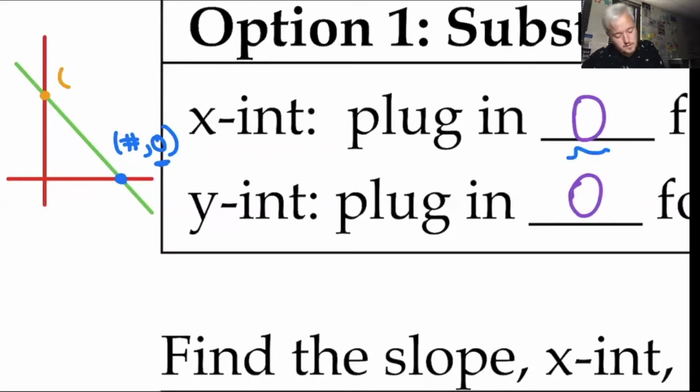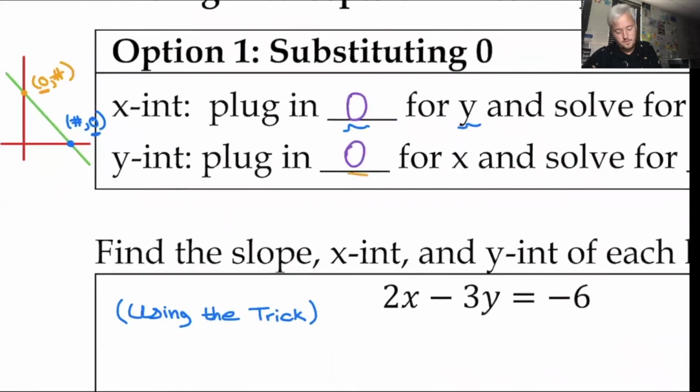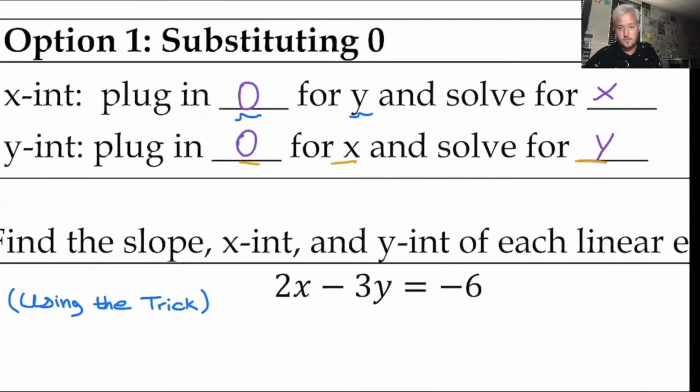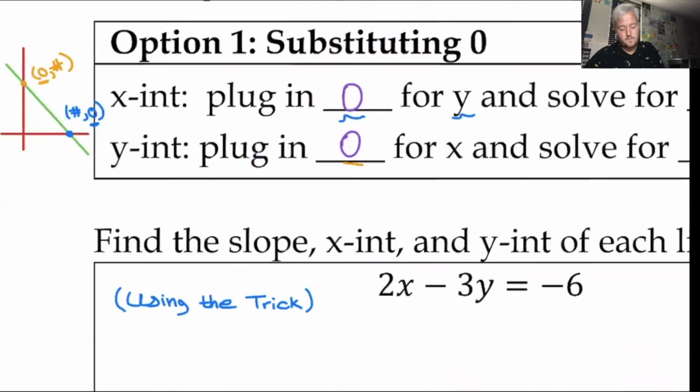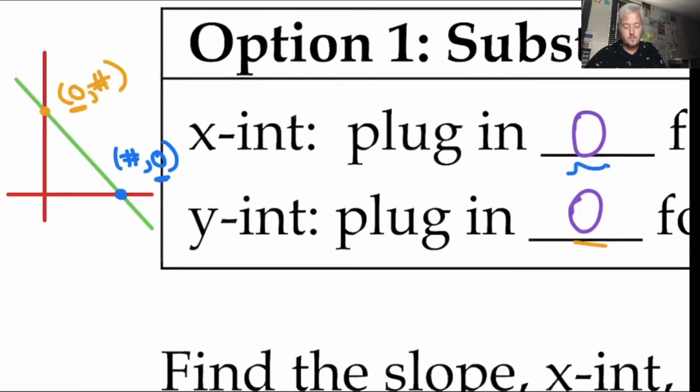This would be 0, comma, a number. If you look at the coordinate, now your x value is 0. So you plug in 0 for your x and solve for that corresponding y value. This visual will help make a lot more sense of why we're doing what we're doing.